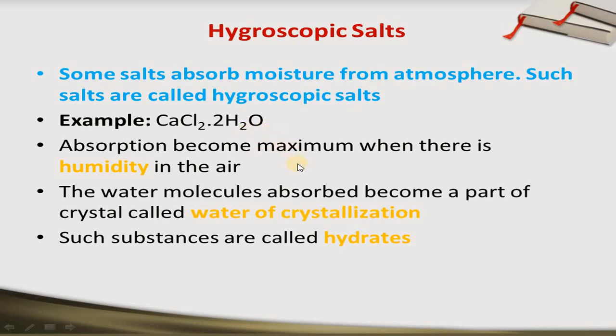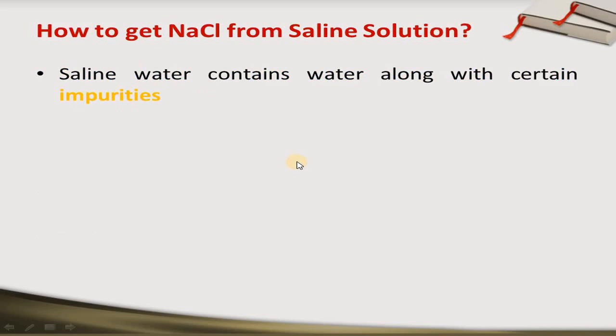And the last topic from this chapter is how to get sodium chloride from saline solution. As we are familiar, saline water means what? Sodium chloride solution. It contains water along with certain impurities.